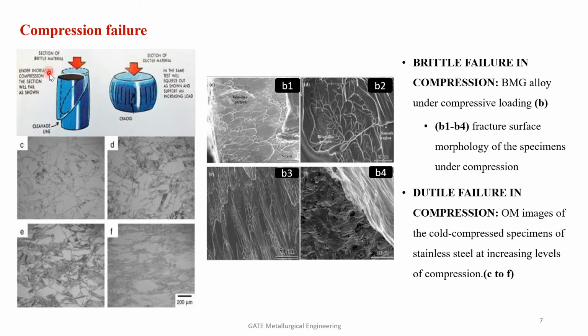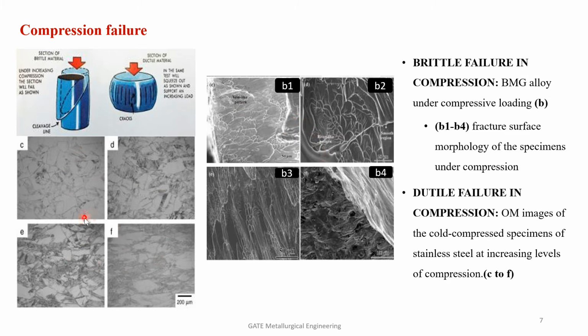In the case of a brittle material, when we are subjecting it to compression, what happens is that at 45 degrees to the applied compression, it will shear. But in the case of a ductile material, when a compressive force is applied, it will start to buckle. If you see both of these kinds of surfaces under a microscope, we can see from B1 to B4 the fracture morphology of a brittle material under compression.